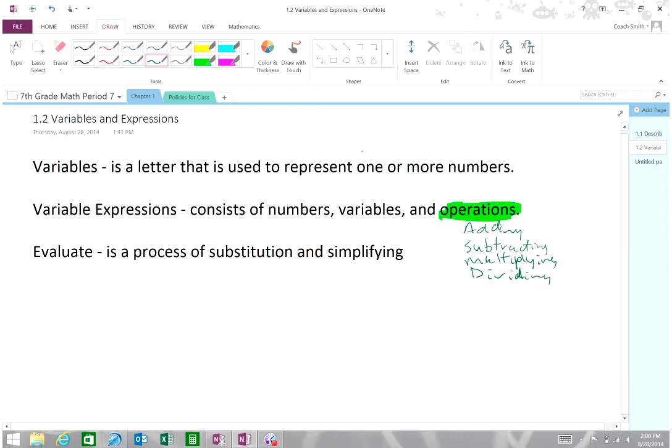Okay, those are the four things that we're talking about when we talk about mathematical operations.